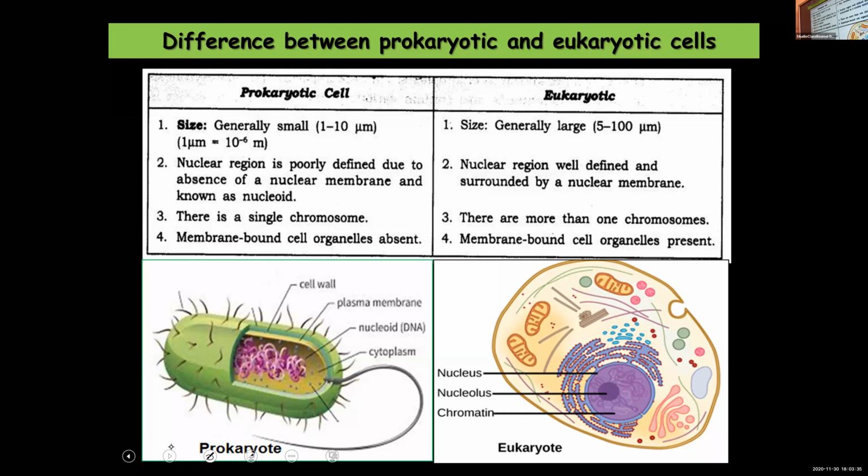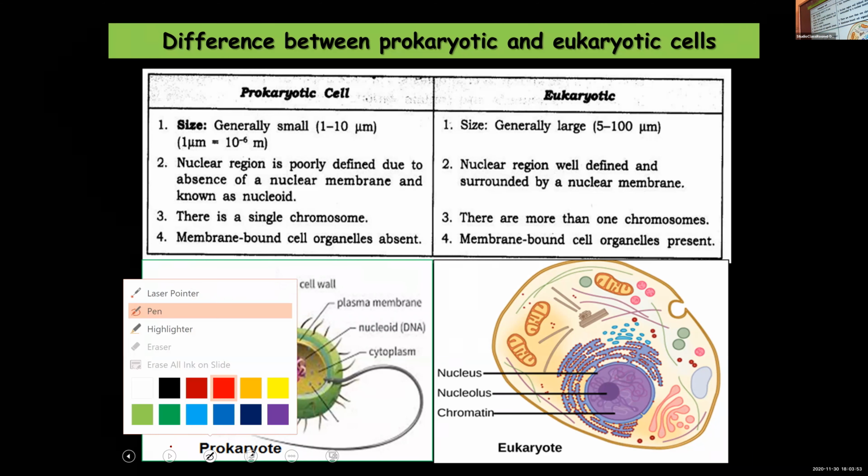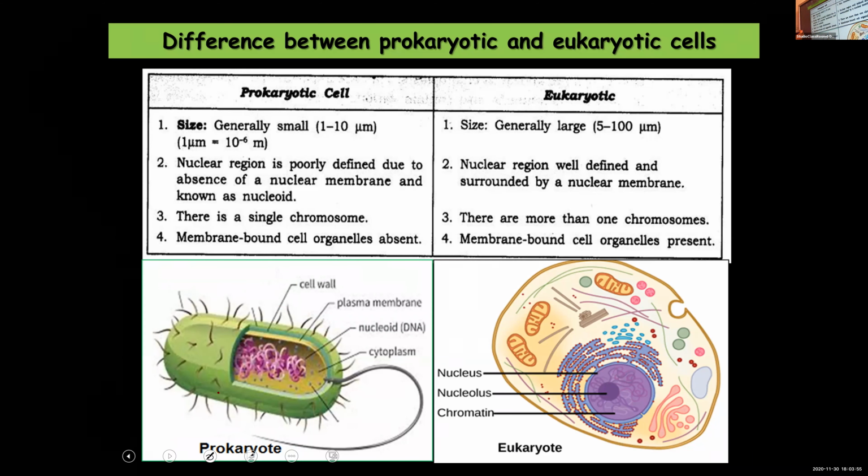Now, the next topic we are going to learn is the difference between prokaryotic and eukaryotic cells. The major differences I have listed out. One by one, we will see the differences. I'll give you an example so that you will understand the points better.